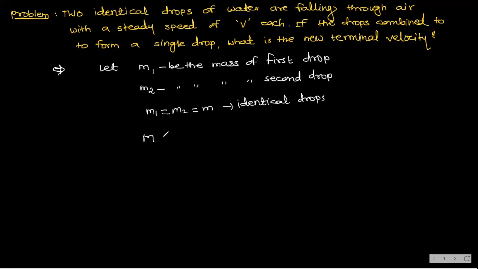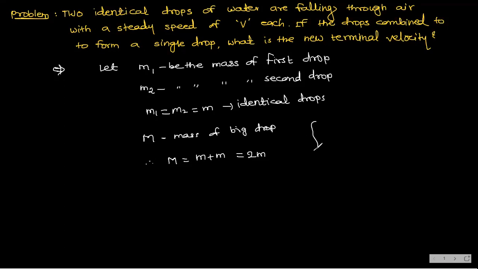Now let capital M be the mass of big drop. Big drop means combined drop. And therefore capital M is equal to m plus m, which is equal to 2m. Right.